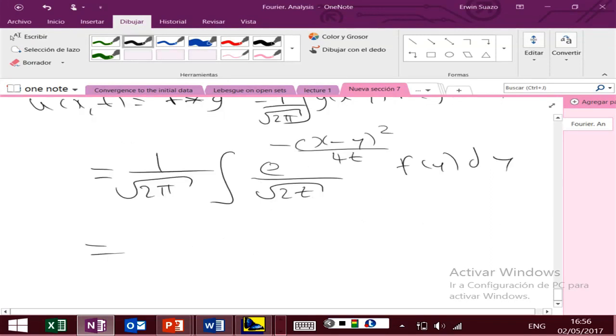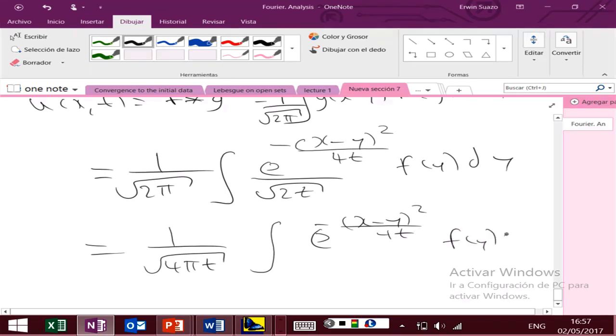You multiply these, so you get 1 over square root of 4 pi t, then e to the minus (x minus y) squared over 4t, f of y dy. Okay, and that's it. That's your solution for the heat equation.